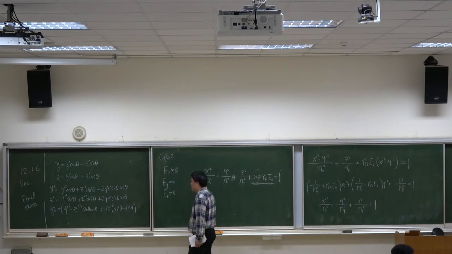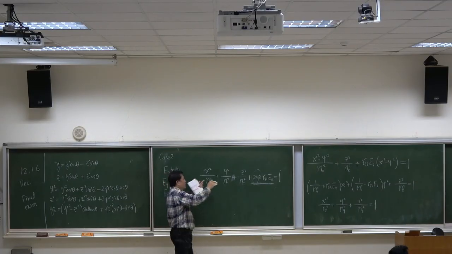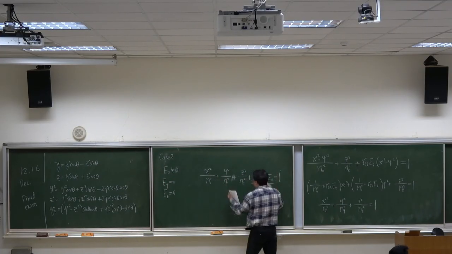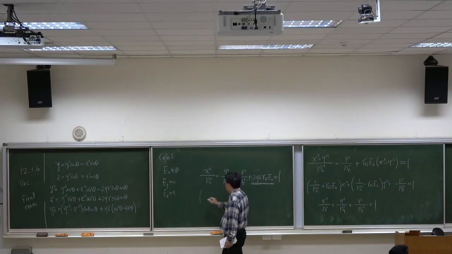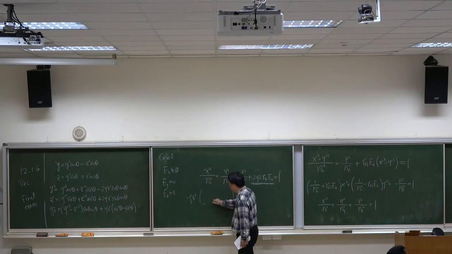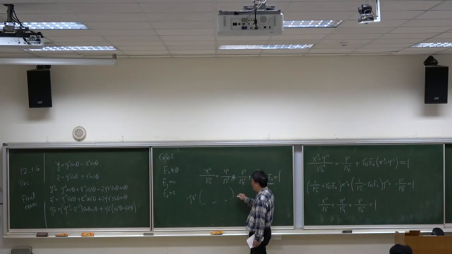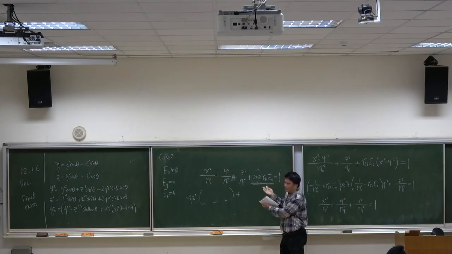You can substitute this expression into this formula. Then you encounter a new mixing term with some coefficient, plus some square terms. However, our purpose is to diagonalize this equation.